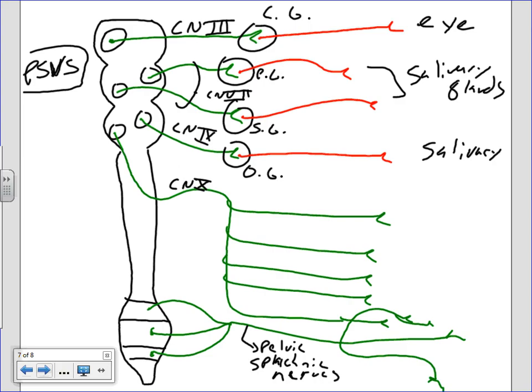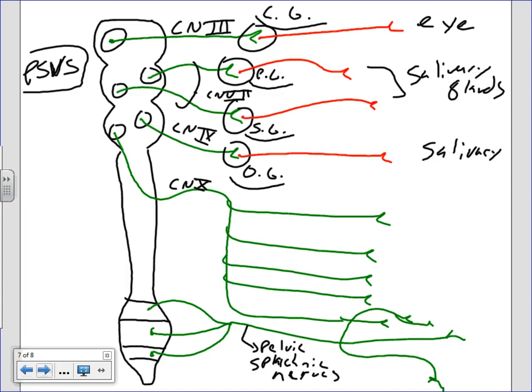This is what's called the ciliary ganglion, the pterygopalatine ganglion, and you've got to say that one slowly, the submandibular ganglion, and then the otic ganglion.